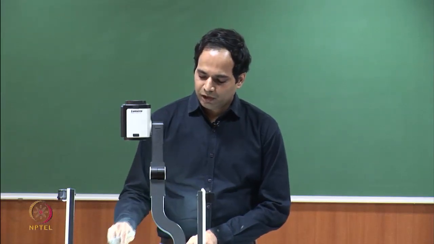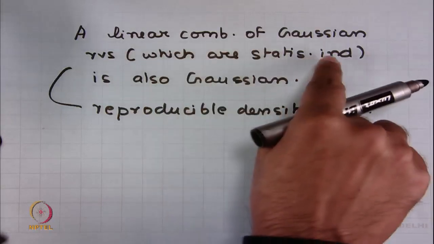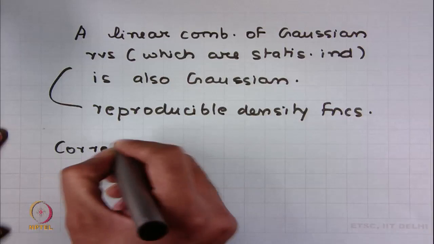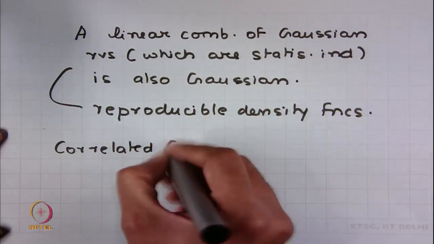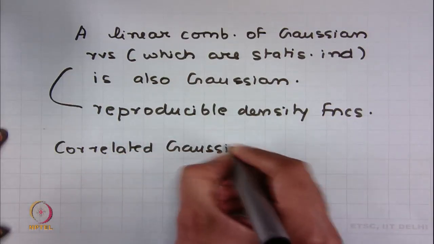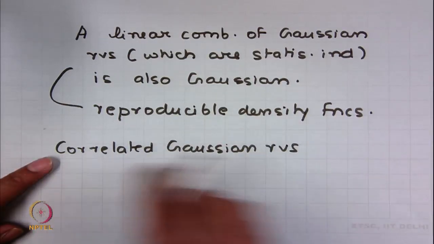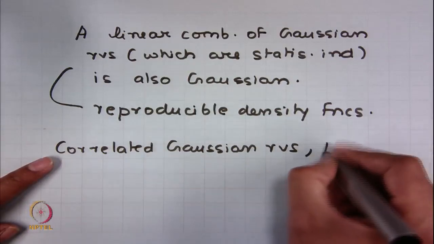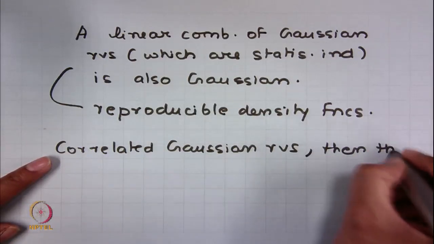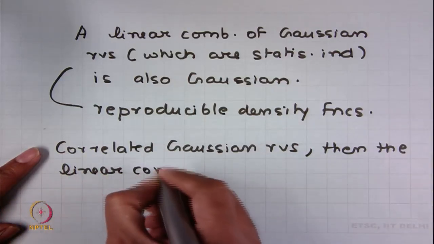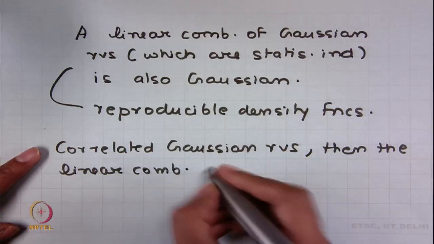An important caution here is that we are making a linear combination of Gaussian random variables, but they are all statistically independent. If we have correlated Gaussian random variables, that means they are not statistically independent. If they are correlated, then the linear combination might not be Gaussian. Okay.